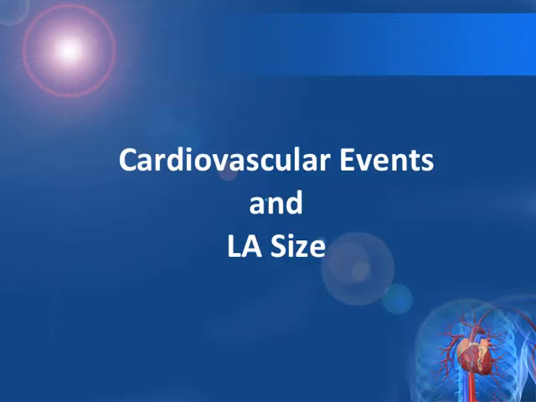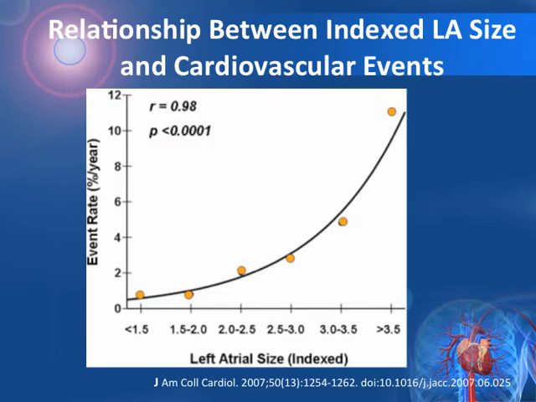Now, what about cardiovascular events and left atrial size? Cardiovascular events in this study from 2007 were defined as cardiac death or non-fatal myocardial infarctions. And here again, they measured left atrium, indexed it, but it was a different way of measuring. It was a short size, and the cutoff for normal was 2.5.